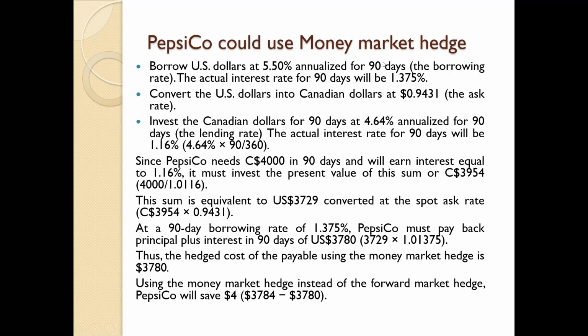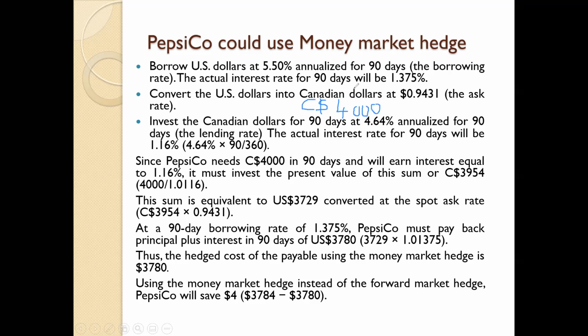Now, in here, what is the scenario? We can understand it here again. Okay. Now we have to pay Canadian dollar 4,000 at the end of the 3 months.